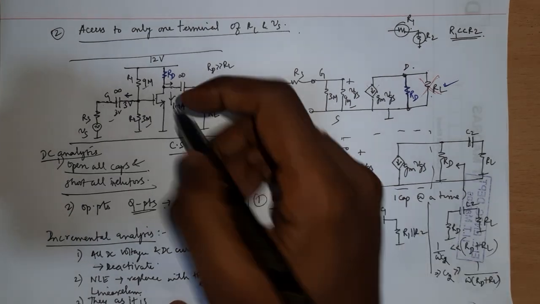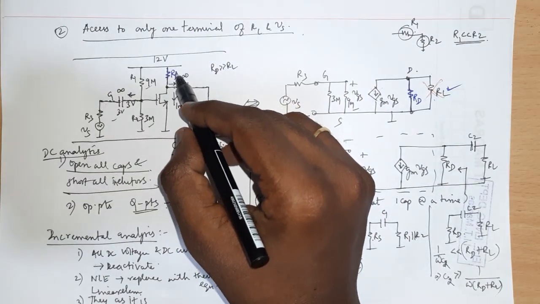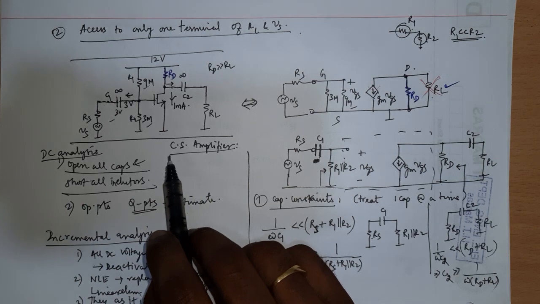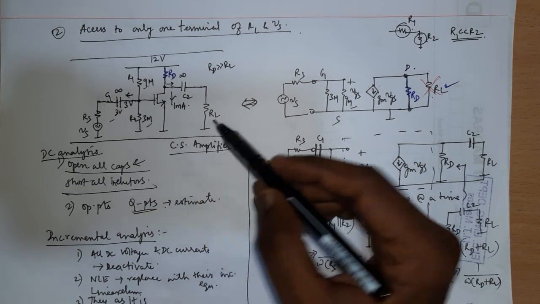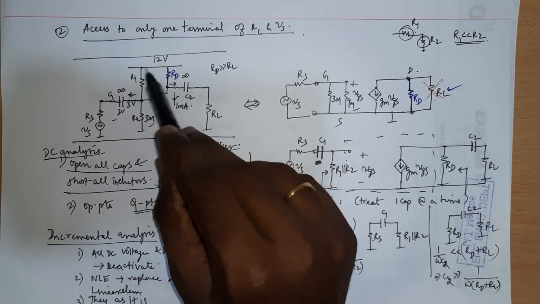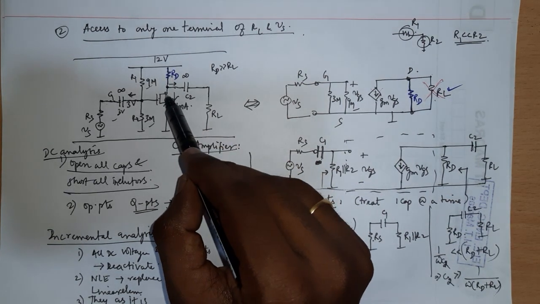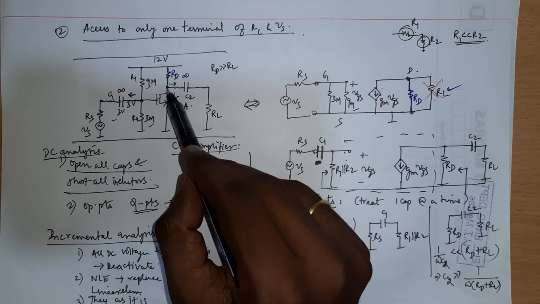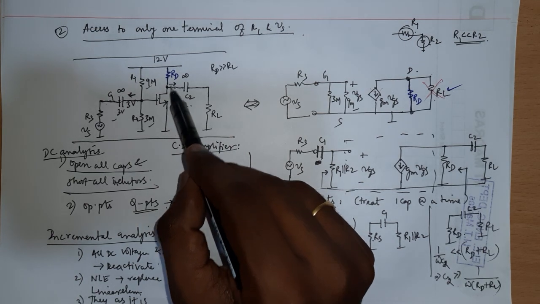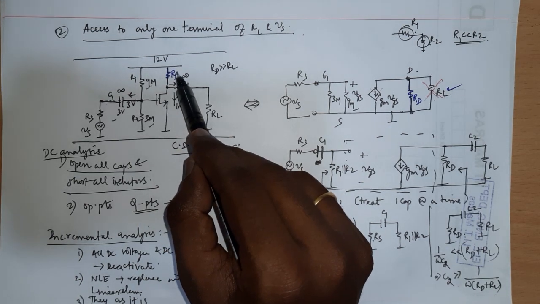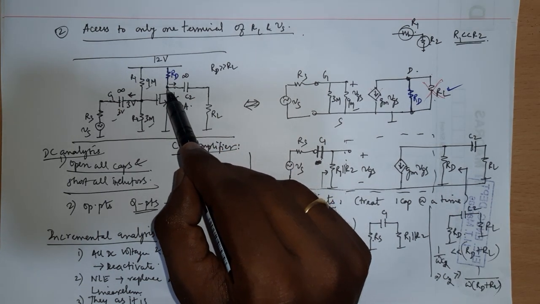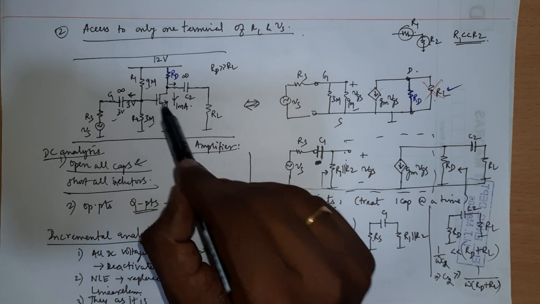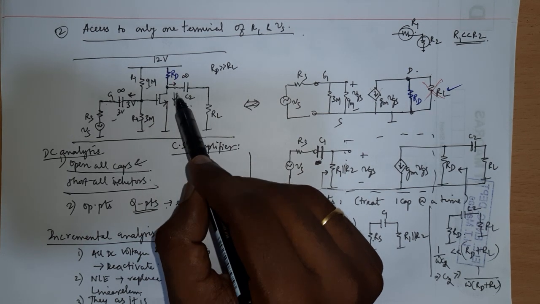But I am saying, if I choose RD much larger, then I can achieve the gain of minus gmRL, which is true. But the problem is, for a fixed VDD, if I choose RD very large, this node potential is going to be very small. As I increase this resistance, the drop here will increase, so the potential here will reduce, and this transistor would eventually run into triode or linear region.